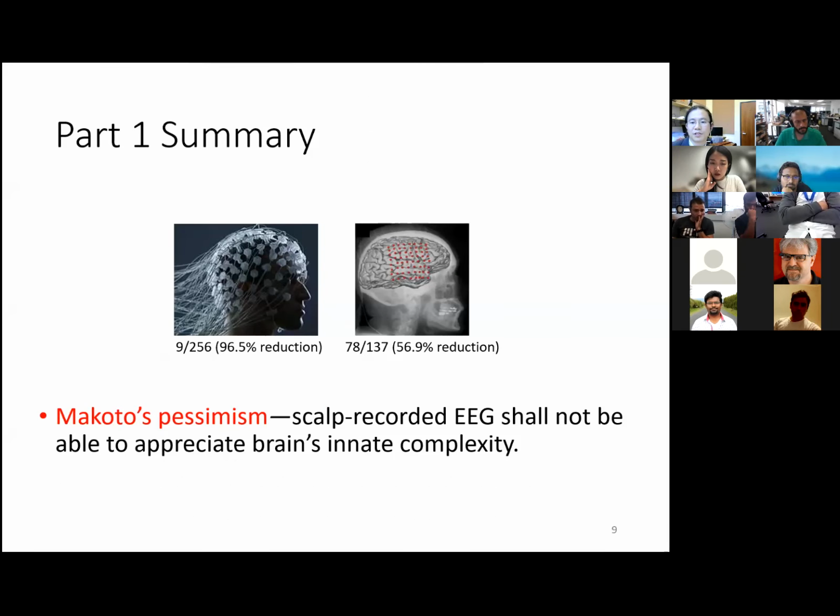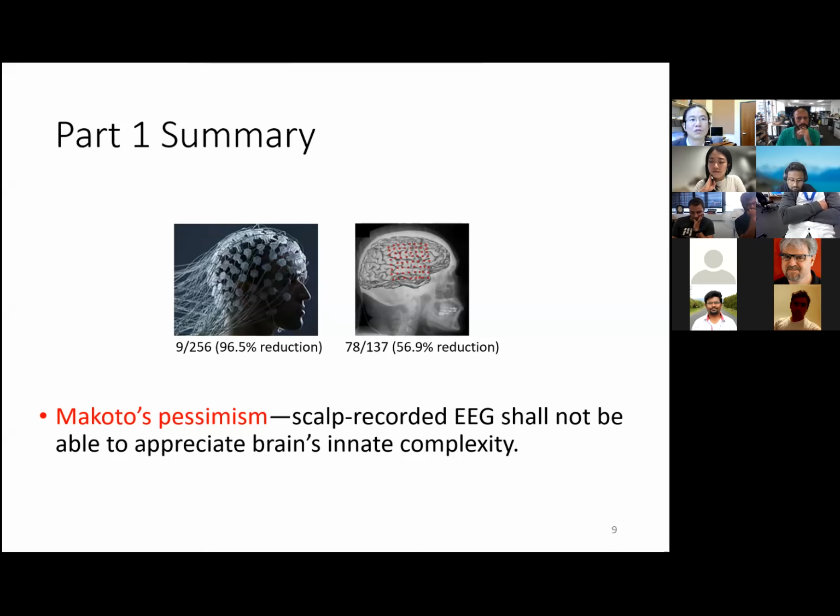So part one, summary. Makoto's pessimism is basically that scalp recorded EEG data has massive dimension reduction already performed by these natural layers of the tissues. So even if you have 100 or 10,000 or 100,000 electrodes, you may not get that much increase of the information from the brain. So if you want to obtain the information from the brain dramatically more efficiently, then you have to implant the electrodes under the skull.